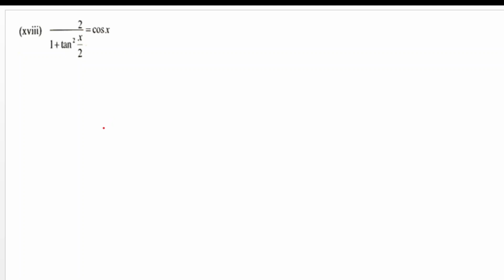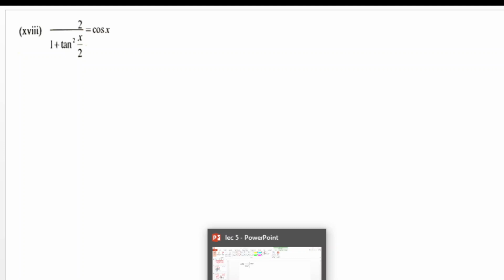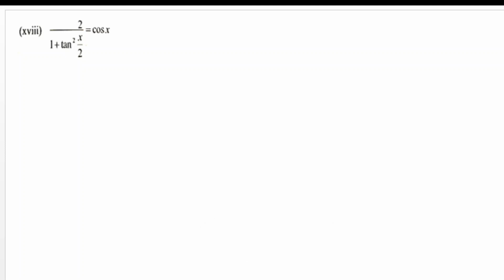So in this question, if you see this 2 by 1 minus tan theta, so there is basically a mistake in this question that we have to, let me write the question here again. So what the basic mistake in this question?